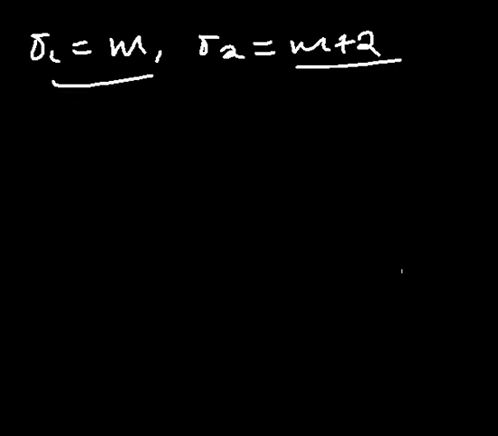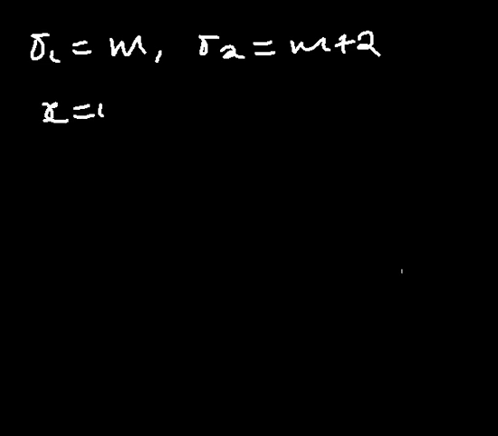And how about if we have this case, let's say we have root 1 given as m, and root 2 given as m plus 2. So now, what is the quadratic equation corresponding to these roots? So let's say we present r1 as well as r2 in terms of x.